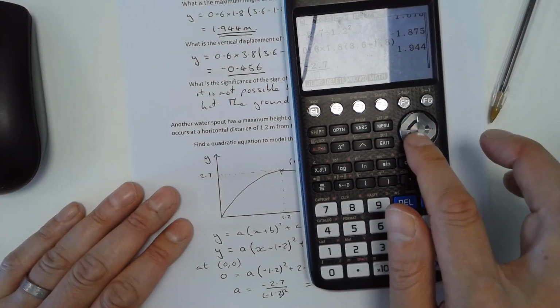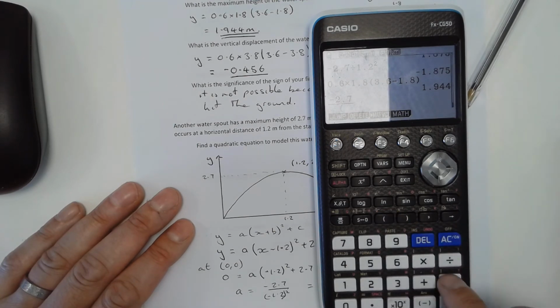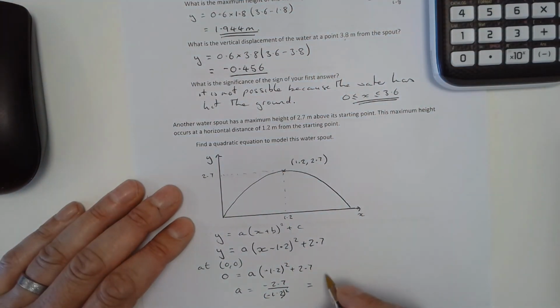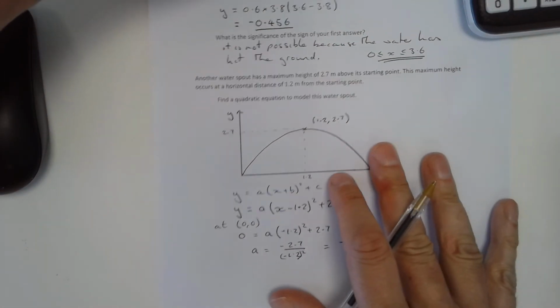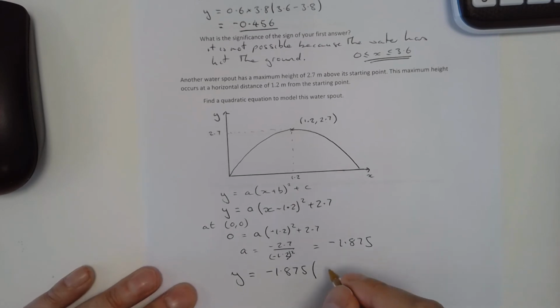minus 2.7 divided by minus 1.2 all squared, and I end up with minus 1.875. So I have my equation as y equals minus 1.875 times (x minus 1.2) squared plus 2.7. I knew that was going to be minus because of the shape of the graph.